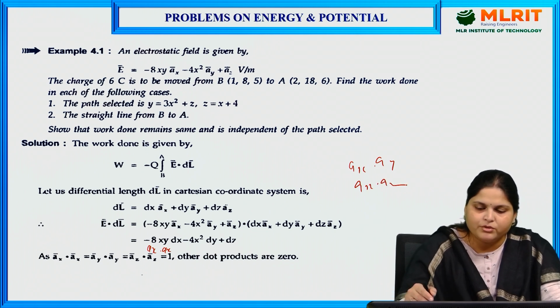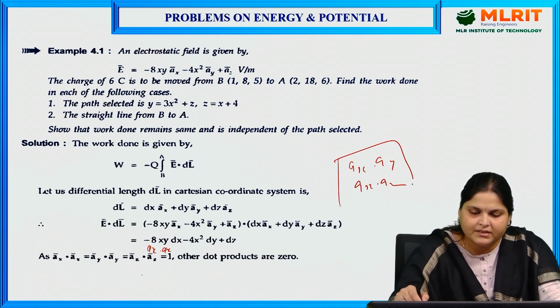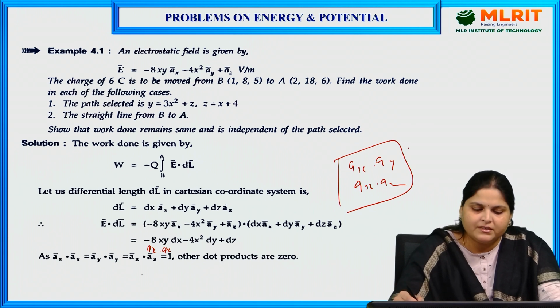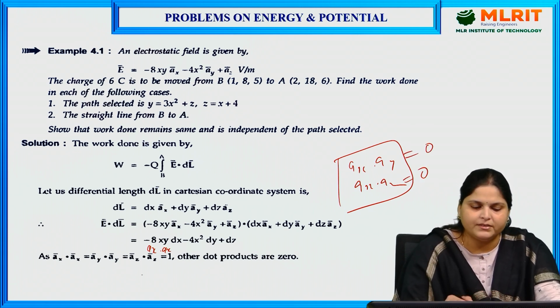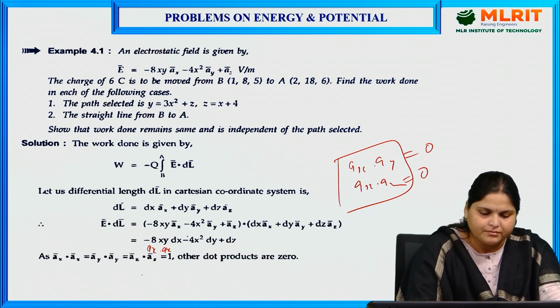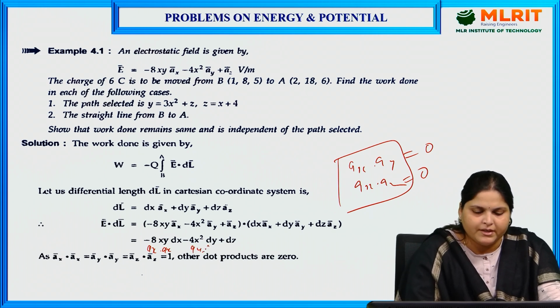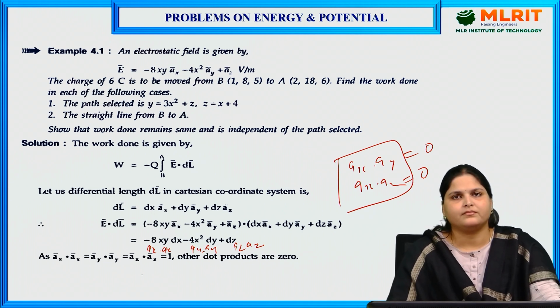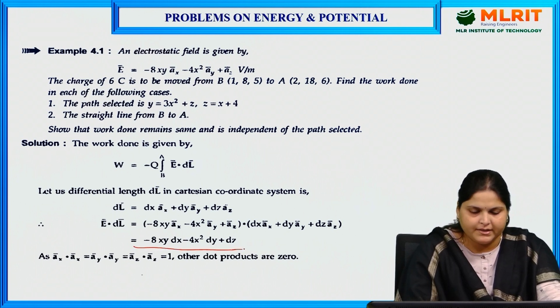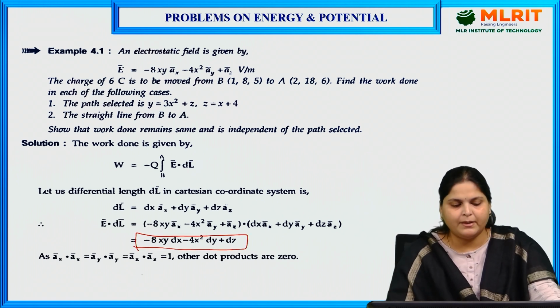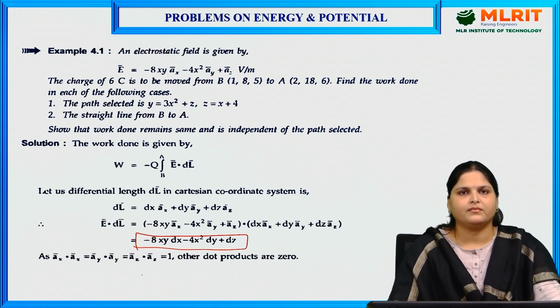Whenever we get two different vectors, the value will be 0. And this will become ay dot ay and this will become az dot az. So finally we get minus 8xy dx minus 4x square dy plus dz.